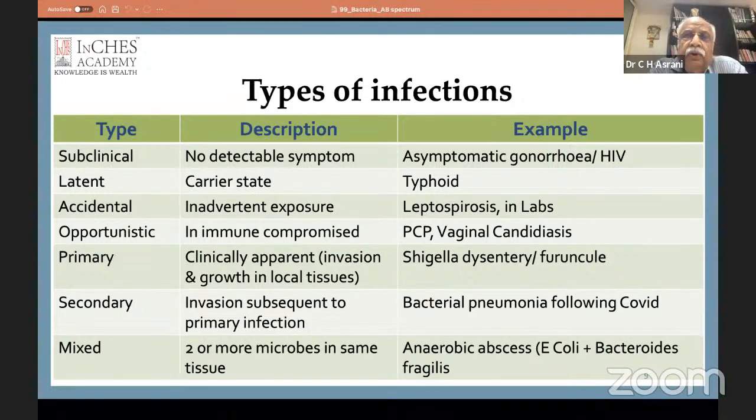Mixed infection is two or more microbes in the same tissue, such as an anaerobic abscess showing E. coli and Bacteroides fragilis. The last one we do not see very often, but the others we see very often in practice.